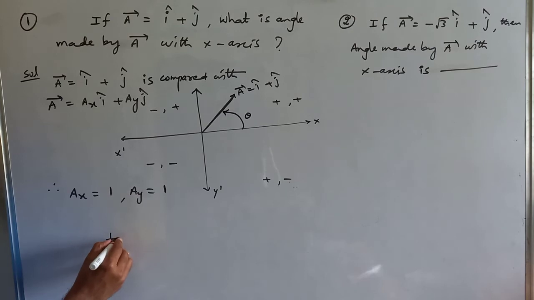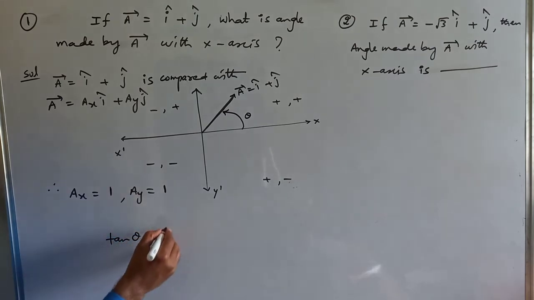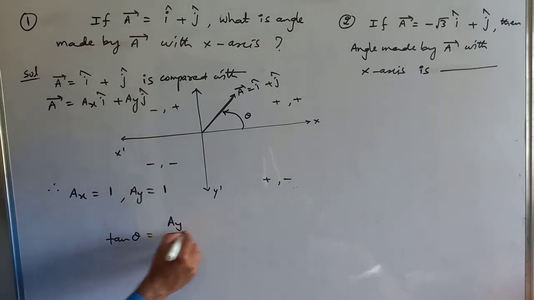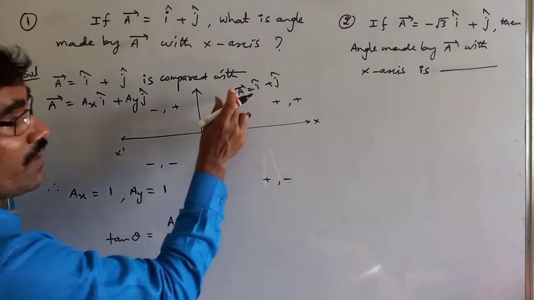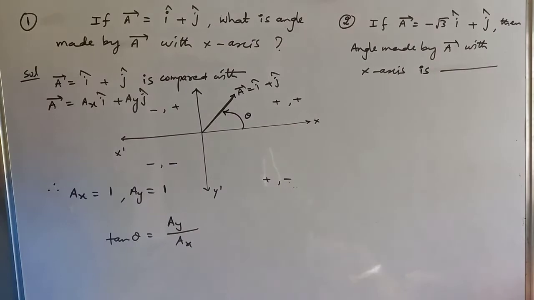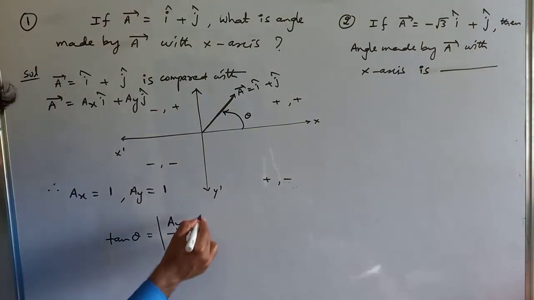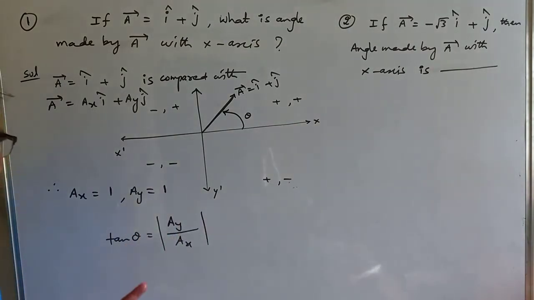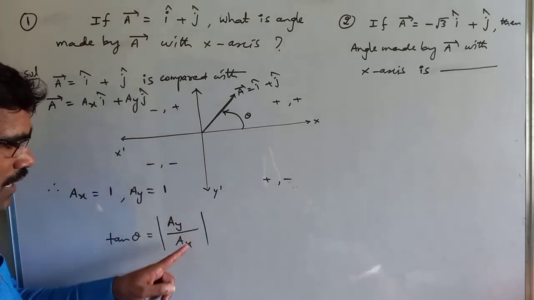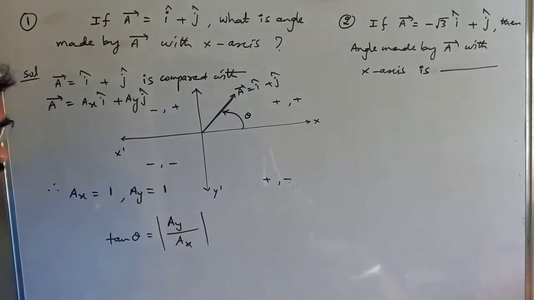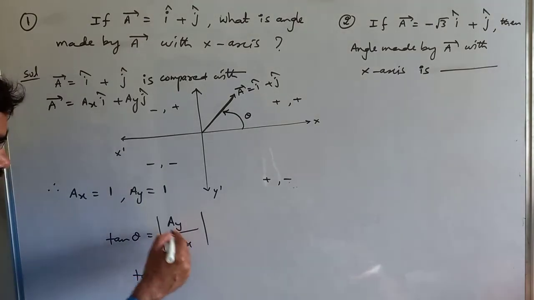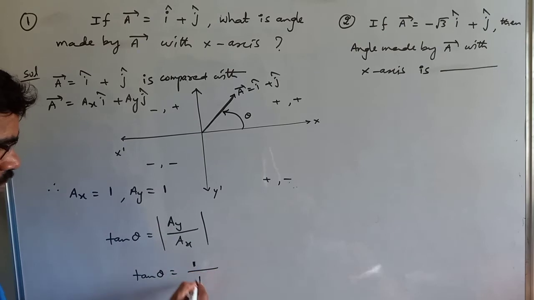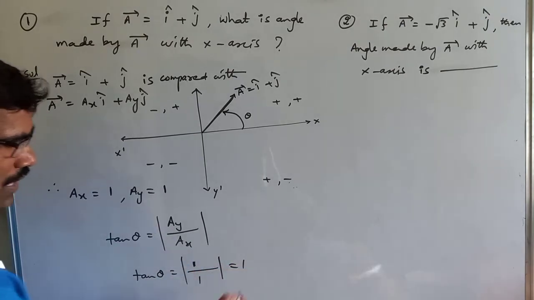We know that tan theta is equal to Ay by Ax, where theta is the angle made by the vector with the x-axis. Taking the magnitudes, tan theta is equal to 1 by 1, which is equal to 1.